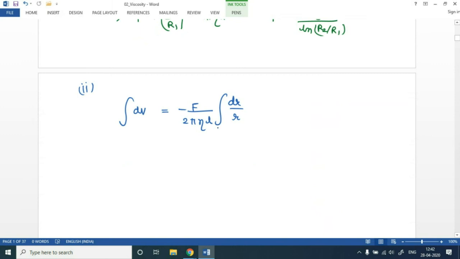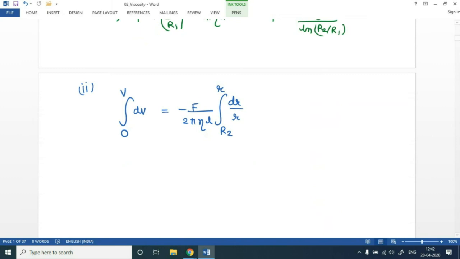Okay, so we know that at r is equal to r2, the velocity is 0. You could have chosen the other extreme also, that at r is equal to r1 the velocity is equal to u, but I think this would be more convenient for us. Okay, because it involves 0, and at r is equal to r, we want velocity as a function of r, so we need to integrate this.